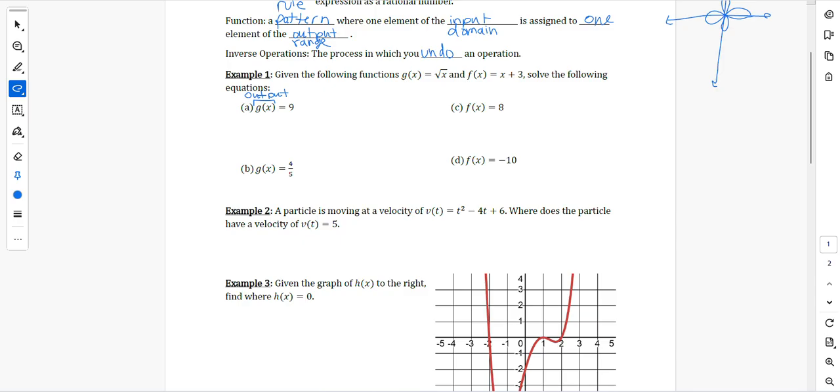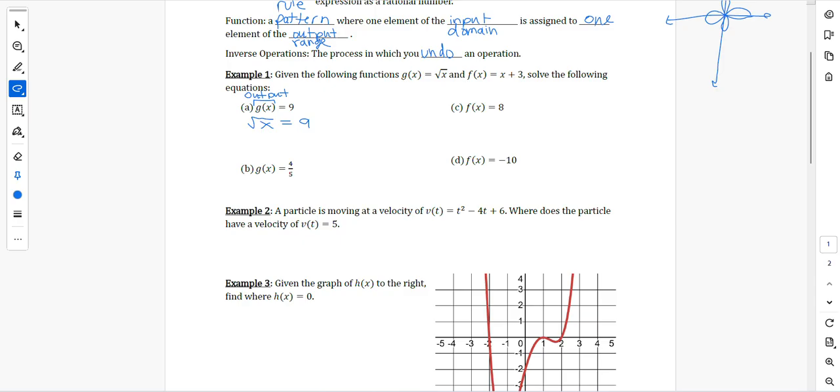So I'm saying when we solve for the following equations, we are taking g of x, which is the square root of x. We want to see where is the output 9. That's what this is saying. When is the output 9?